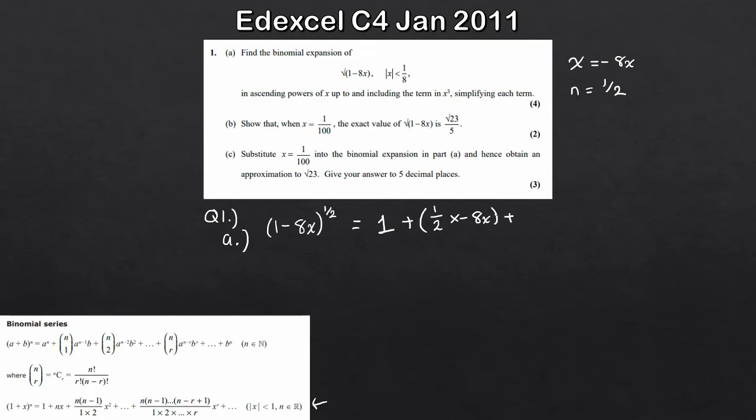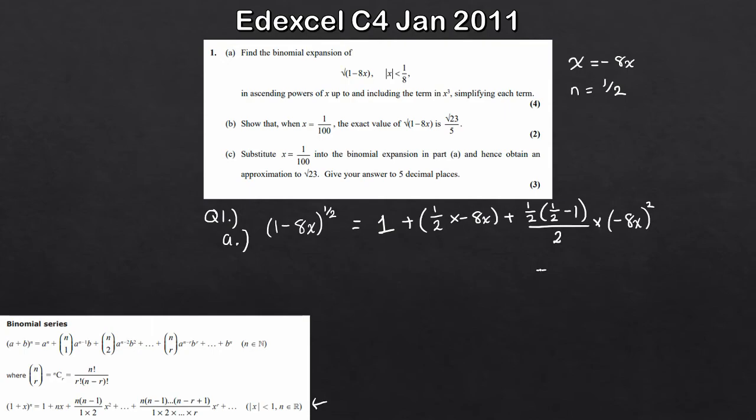plus, so it's n times n minus 1, so that's a half minus 1. We divide that by 1 times 2, so 2, and then we're going to times that by x squared. Okay, so we times that by x squared, and we're doing up to the x cubed term, so we've got to do this one more time.